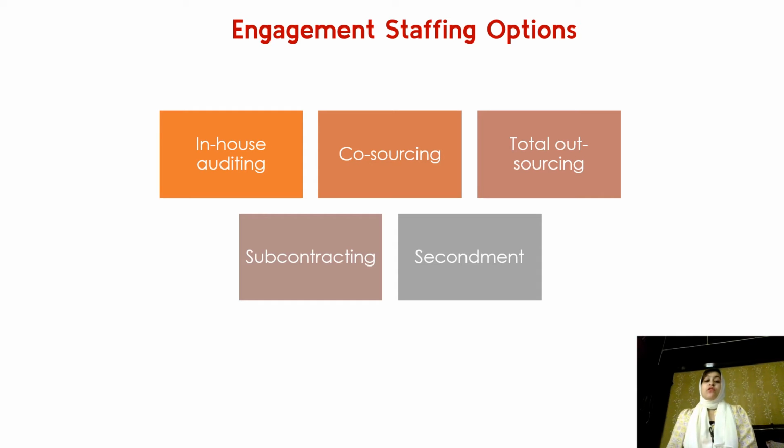Then there is total outsourcing, which in this case means 100% outsourcing of the internal audit function. Then comes subcontracting, where a specific individual is secured for performing a specific engagement or part of an engagement. And last is secondment, where a person is hired from another part of the organization to carry out the audit activity for a specific period of time. So these are the available staffing options the CAE can use.